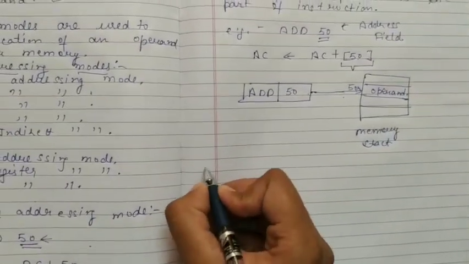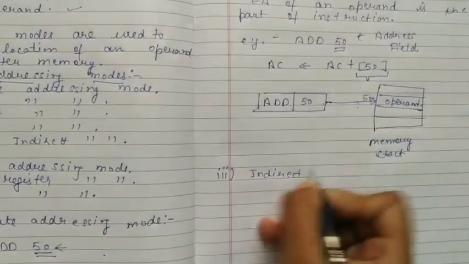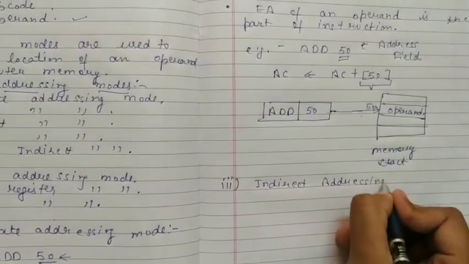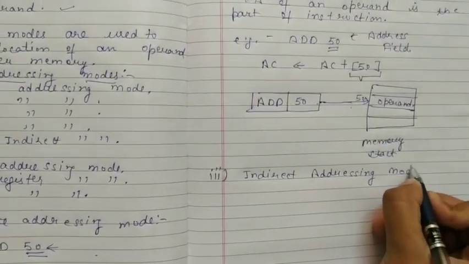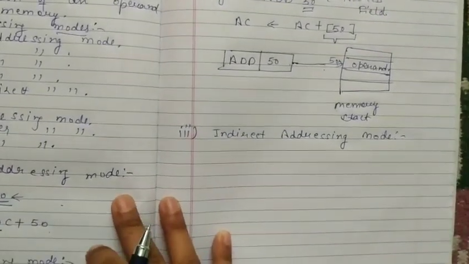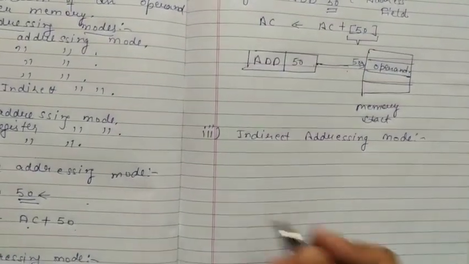So the next addressing mode is the indirect addressing mode. By using the previous definition, we can also explain its definition.